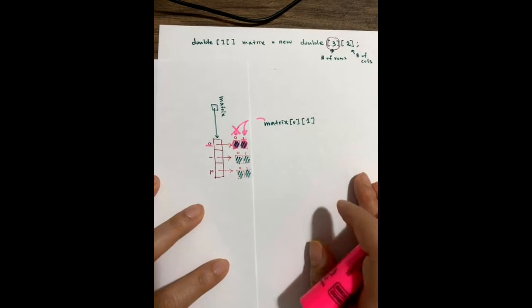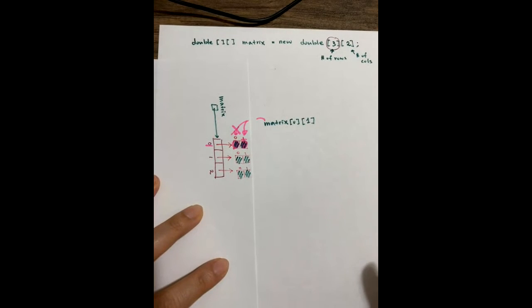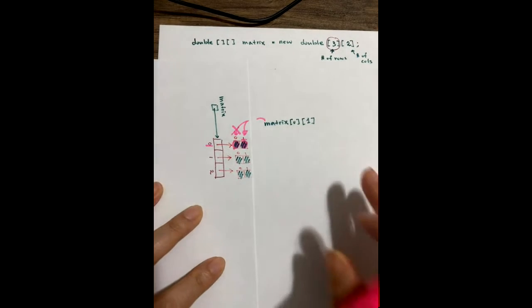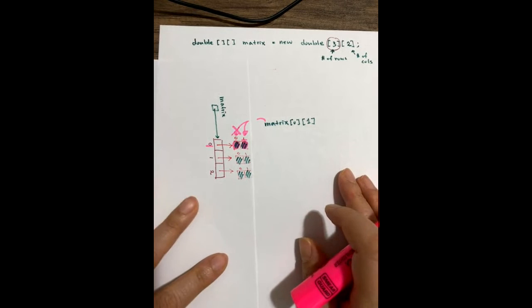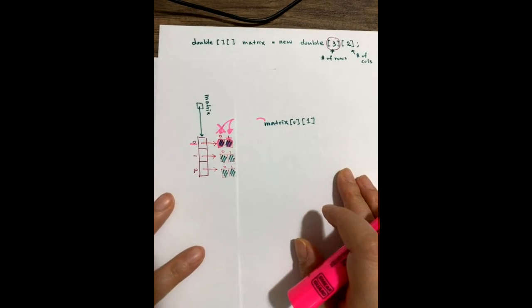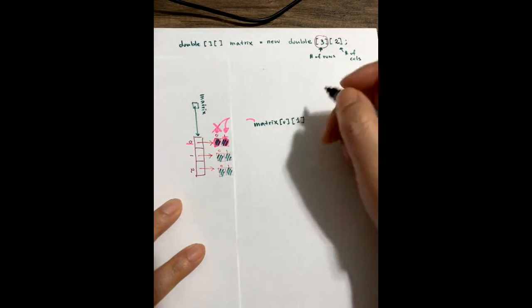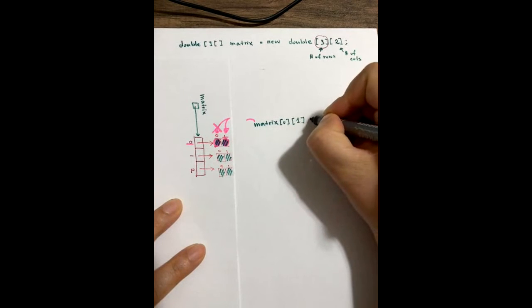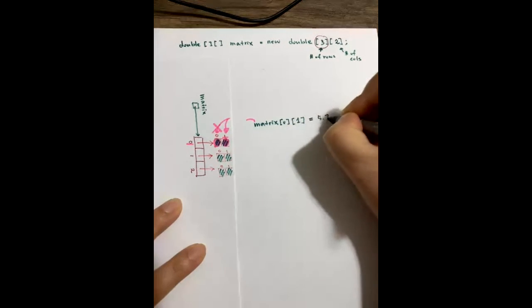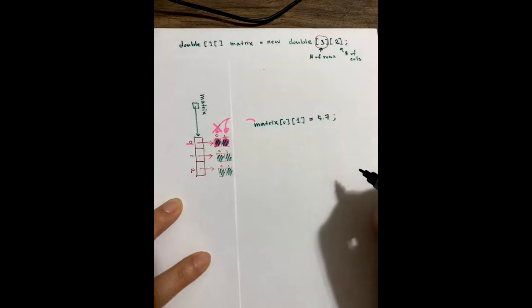So can I access it, and can I also use this storage to assign a value? Yes. To assign a value, you can say matrix 0, 1 is 5.7. Is it possible? Yes, it's possible.